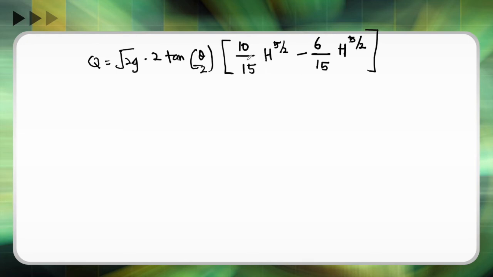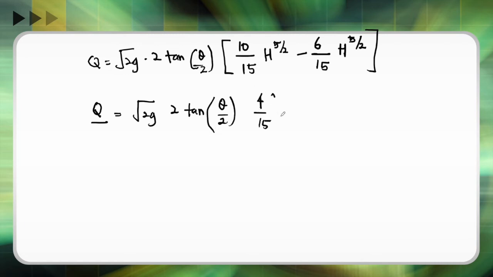So after that, we have 15 and 15, the same denominator, and H is the same. Therefore, we have to subtract 10 minus 6. We get 4. So from here, Q is equal to square root of 2g, 2 tan theta over 2, times 4 over 15, times H to the 5 over 2.